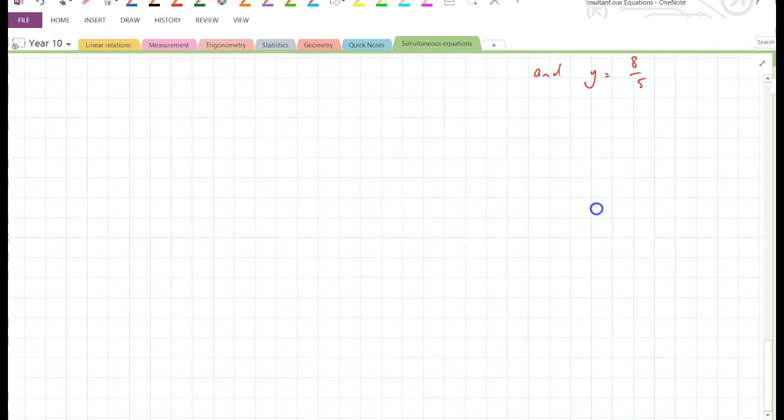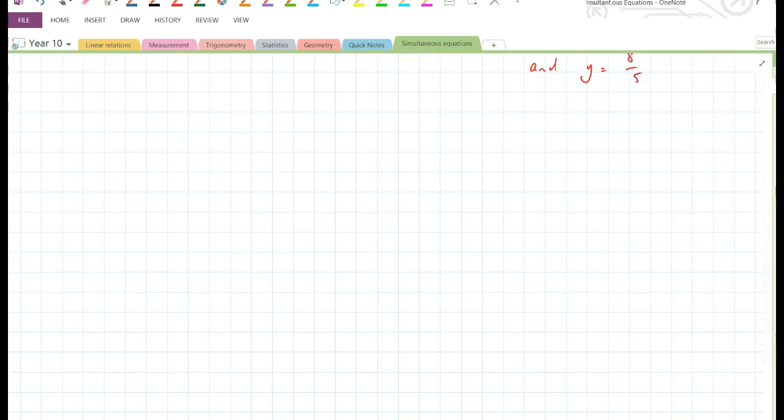I'm going to look at another method now. Before we do, I'm just going to do one more example using the substitution method, just to make sure it's understood.